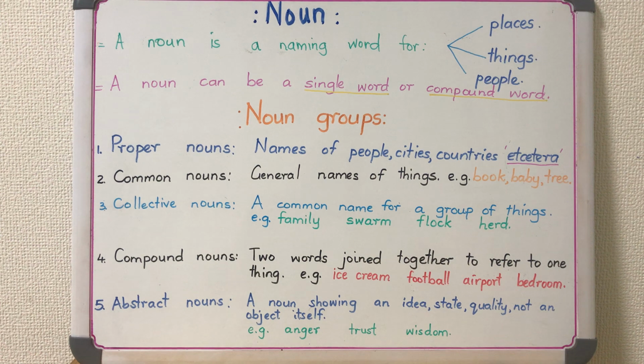Then the second group is a group of nouns called common nouns, ordinary nouns, general nouns. Any one of those three terms can be used: common, general, or ordinary noun. So my explanation of common nouns is that these are general names of things, e.g. book.